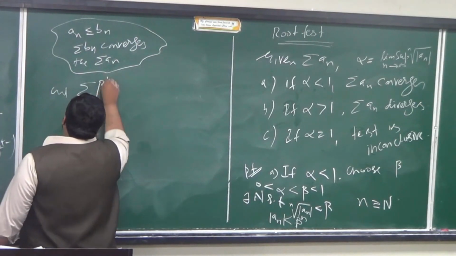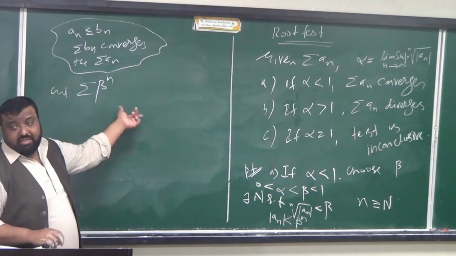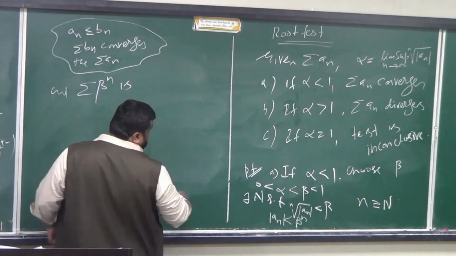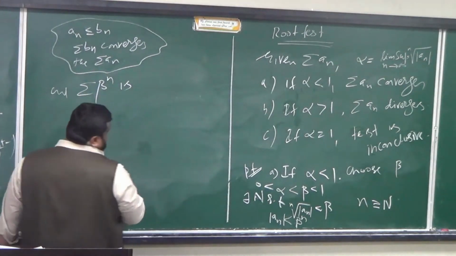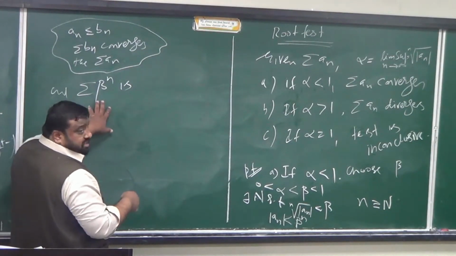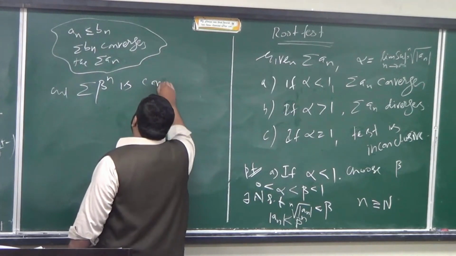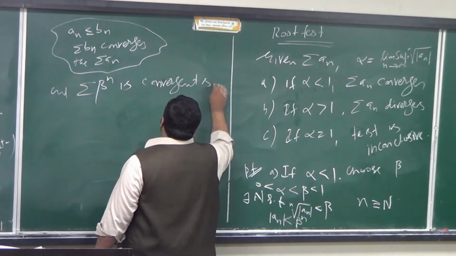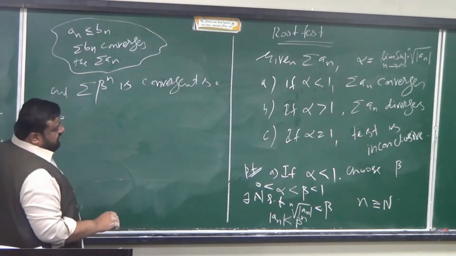And the sum of beta to the n converges. Why? Because this is a geometric series, and the number beta is between 0 and 1. Right? This is indeed a geometric series. It's convergent. So what?